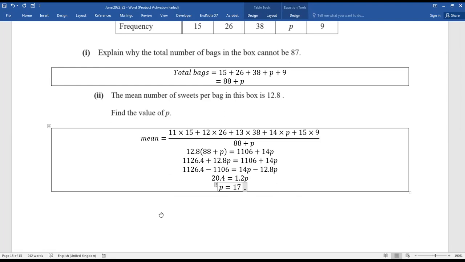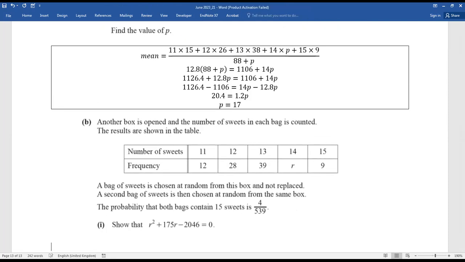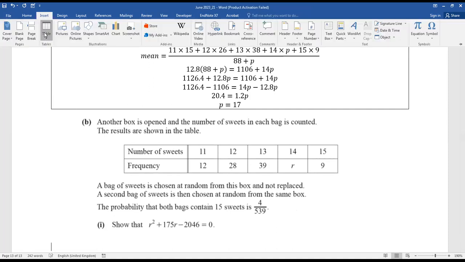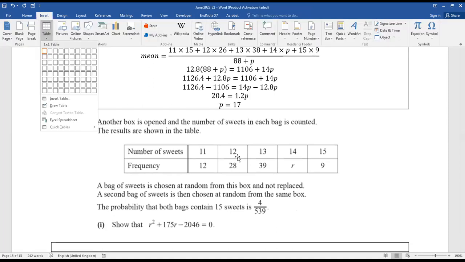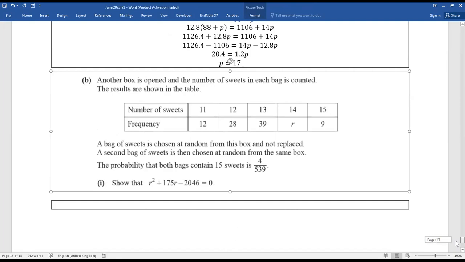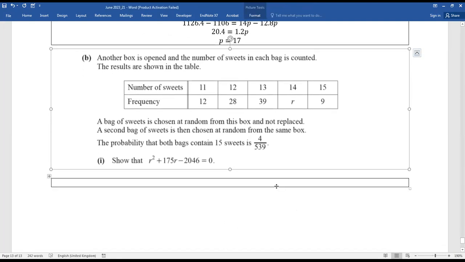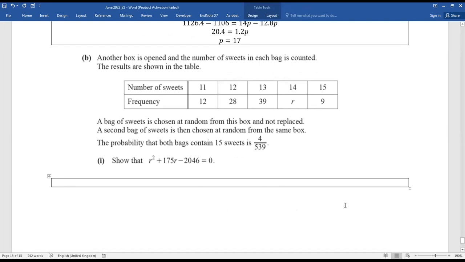Moving on to the next part of the same question. Now the question is telling us that the probability that both bags contain 15 sweets is 4 over 539. Okay, so the first bag containing 15 sweets.